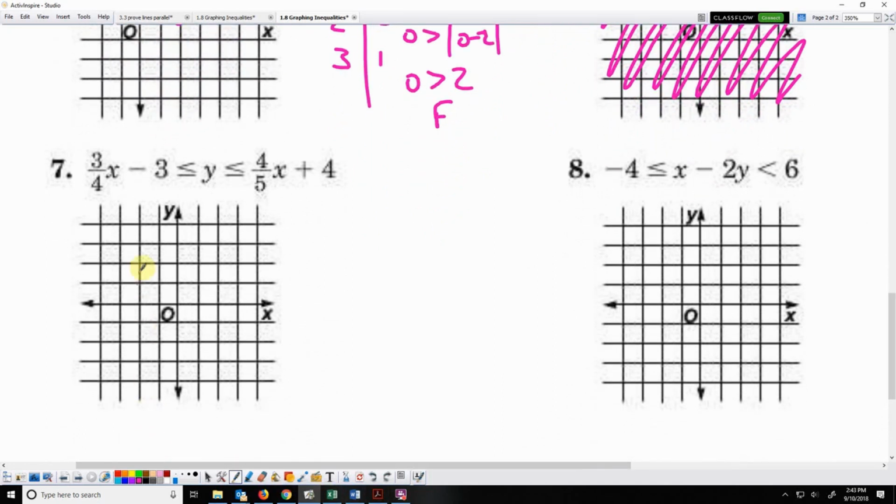Number 7, we have a compound inequality. So what we actually have is a line here that we need to graph, and then we'll have to graph another one. So this one has a y-intercept of -3 and a slope of 3/4, up 3 over 4. And it's underlined, so that is solid.